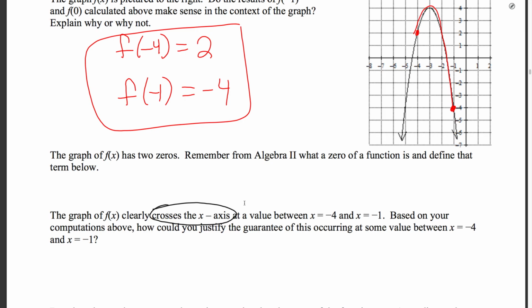It went from a positive speed to a negative speed. Can you be guaranteed that it had to stop somewhere in between? Yes, because it crossed 0. It had to wait for a second.